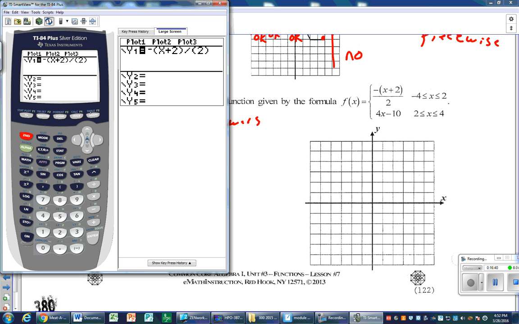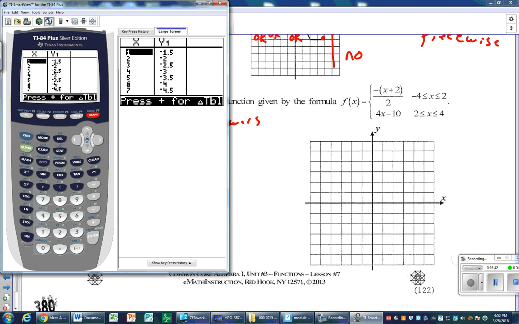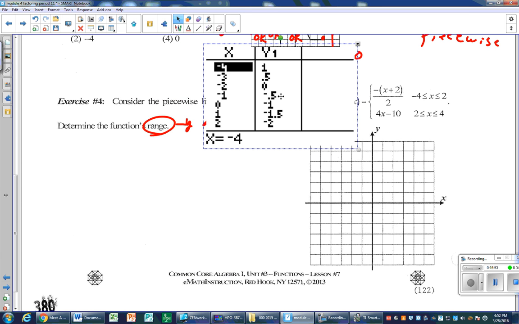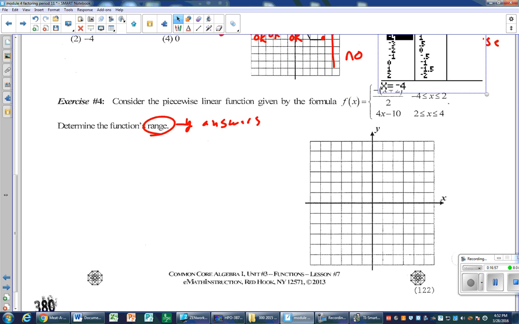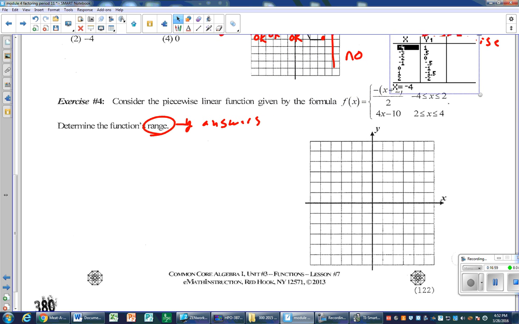And then we're going to look at the table. It tells us to only go from -4 to +2. For that one. Okay. So if you notice, we go from -4, there's -4.